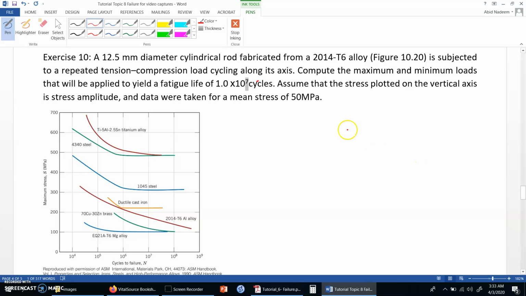Assume that the stress plotted on the vertical axis is the stress amplitude, and the data were taken for a mean stress of 50 megapascal.